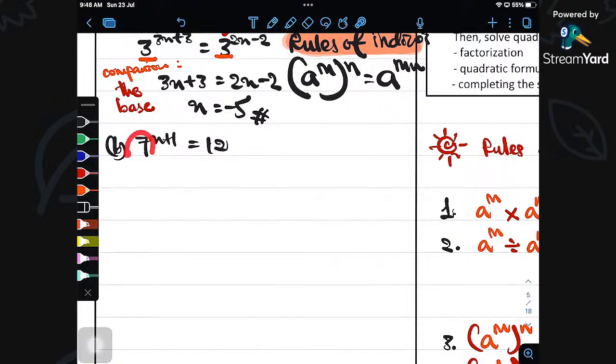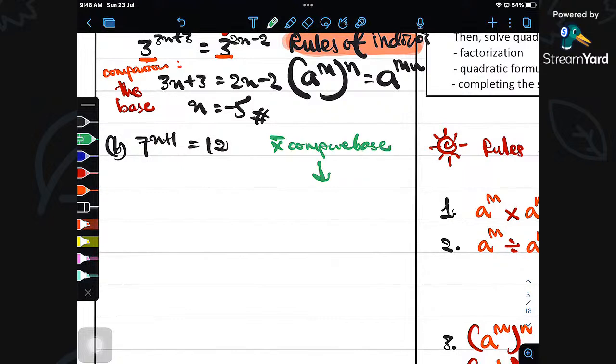Tetapi kalau base dia macam tidak sama, this is in fact 3 times 4, nothing same base here. Tak ada base yang sama dengan 7 ini. In fact 12 is nothing, tak boleh pecah kepada 7 pun. And so, it cannot compare base, tak boleh compare base.